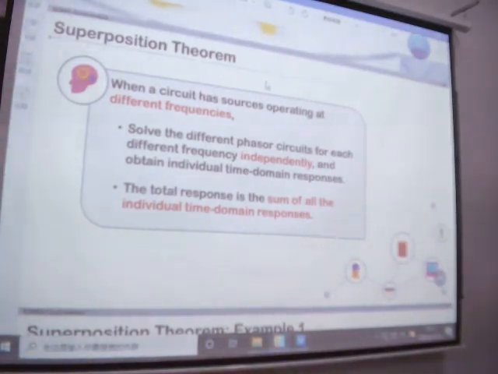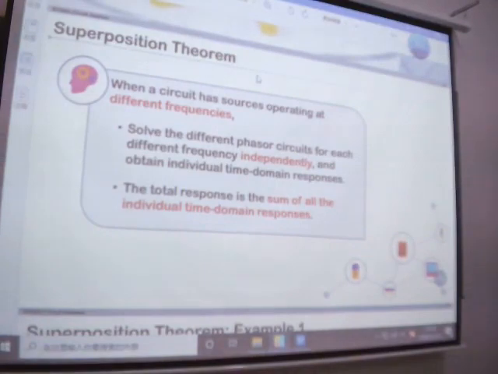For example, if we want to export our energy to another country, if our neighbor country has 60 hertz and we use 50 hertz, then the angular frequency will not be the same.